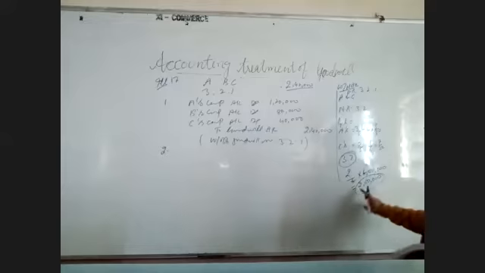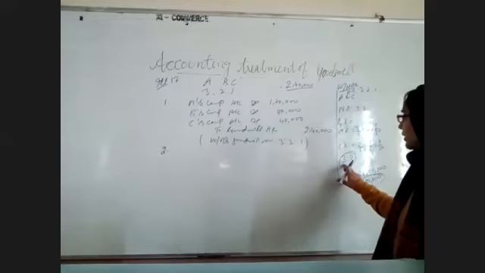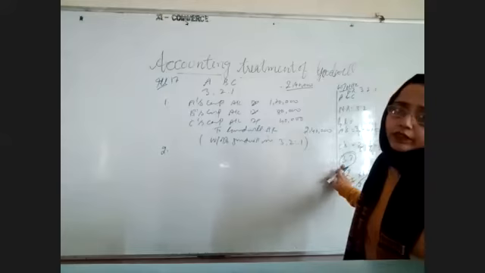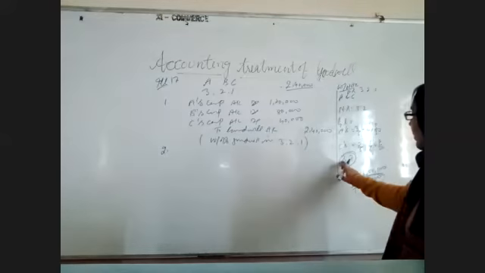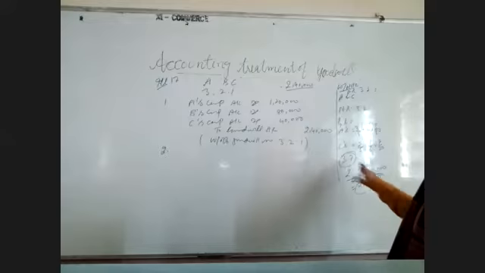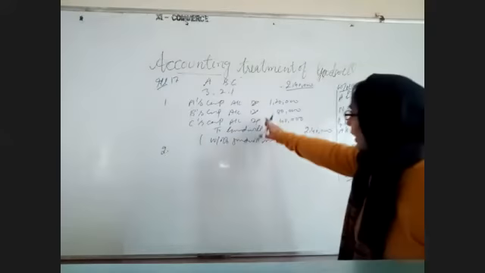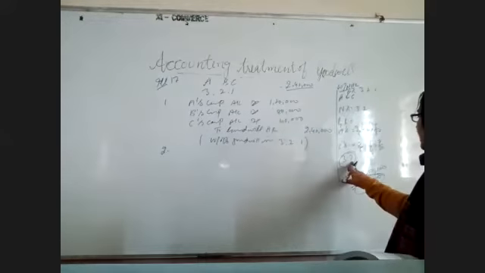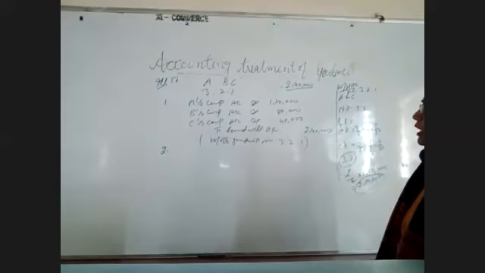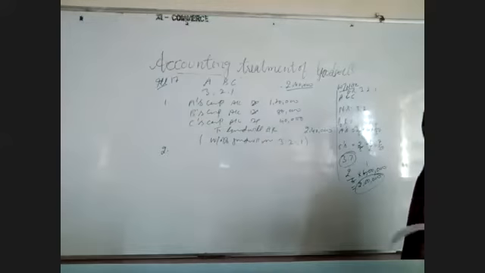This 2 lakh we will divide in gaining ratio, that is 3:7, means 3/10 and 7/10. 3/10 will be given by A to B, and 7/10 of 2 lakh C will give to B. Okay, we will get from A and C.